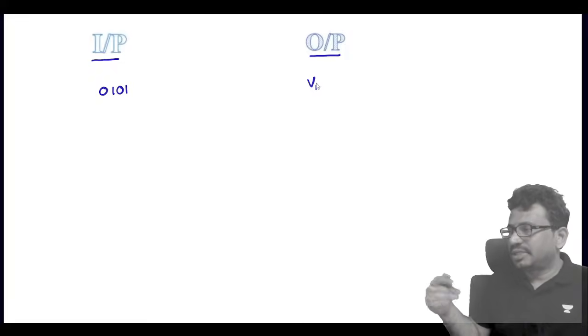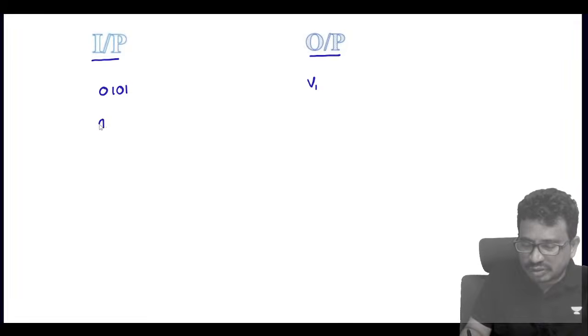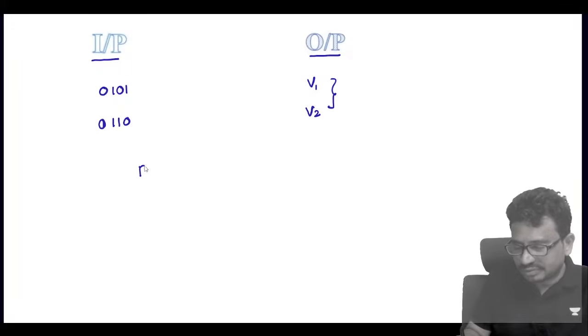The next immediate input is 6, that is 0 1 1 0, and we get some output V2. The difference between these two is called the resolution.